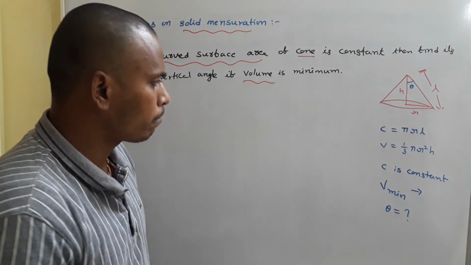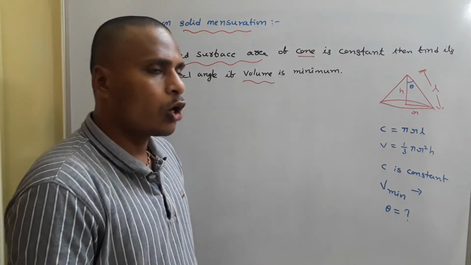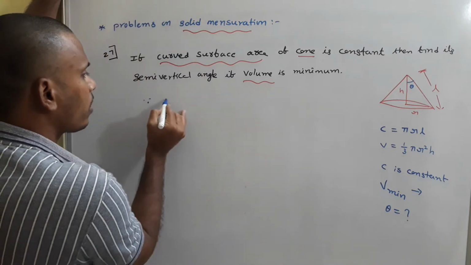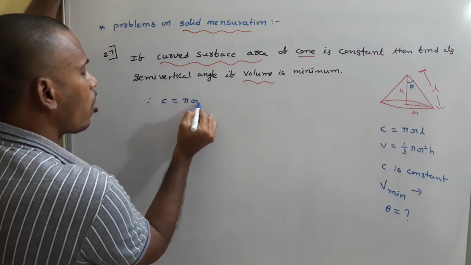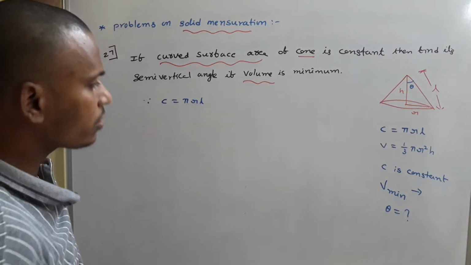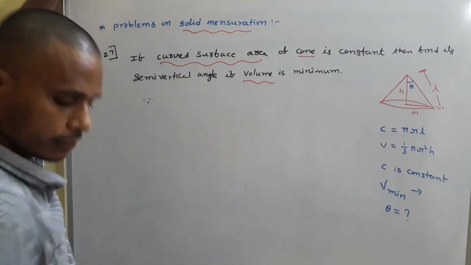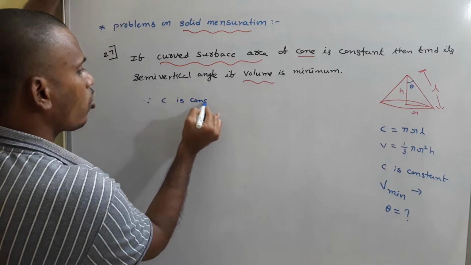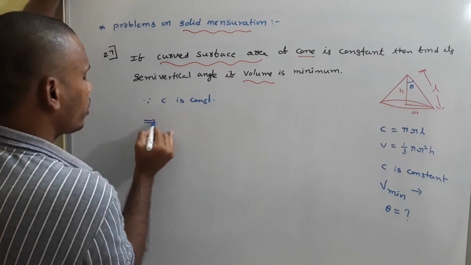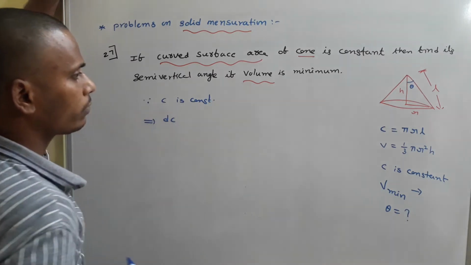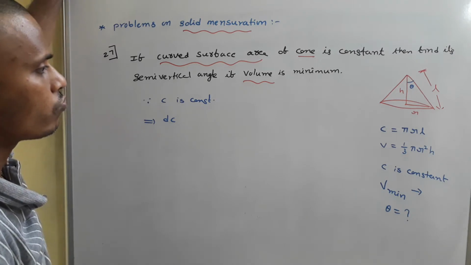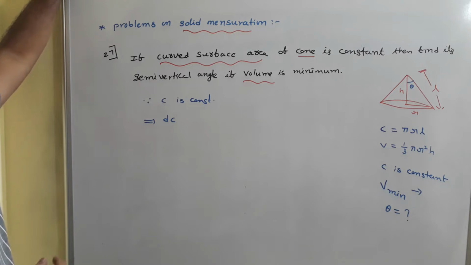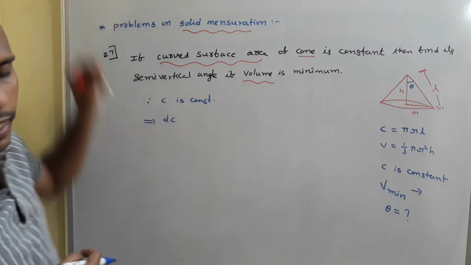How to solve this particular problem? So now you just have a look. Since C is equal to pi r L, and C is a constant, what I do is differentiate it. dC in terms of, since we need to calculate the semi-vertical angle theta, right?